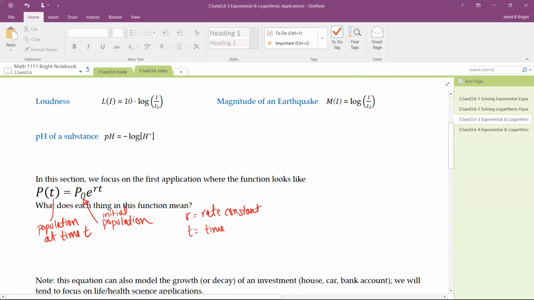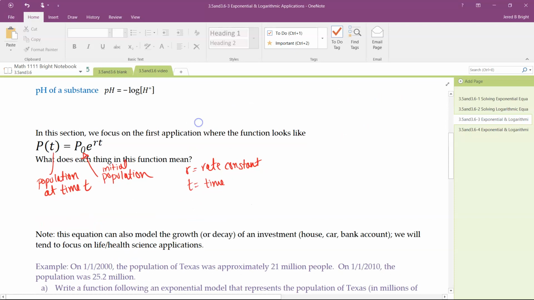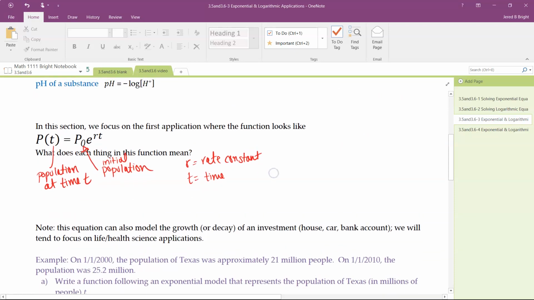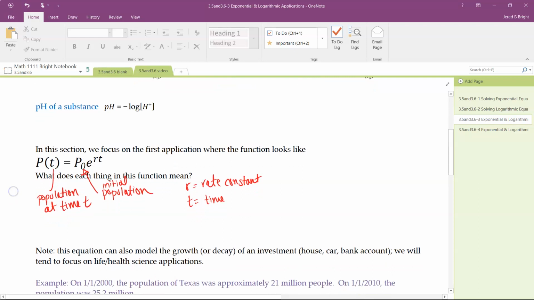Similarly, if we change our notation to A, it would just be amount at time t, and an initial amount. So an amount or population, it doesn't much matter what we're using this for. The other thing to be aware of, we're not going to talk about it extensively in this video, is that this equation, P of t equals P naught e to the rt, I think of it as PERT.